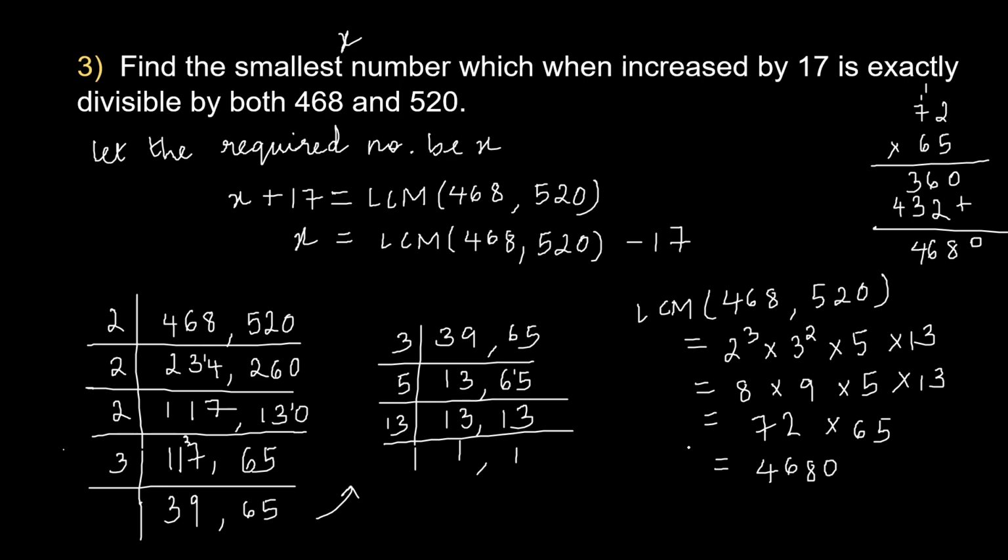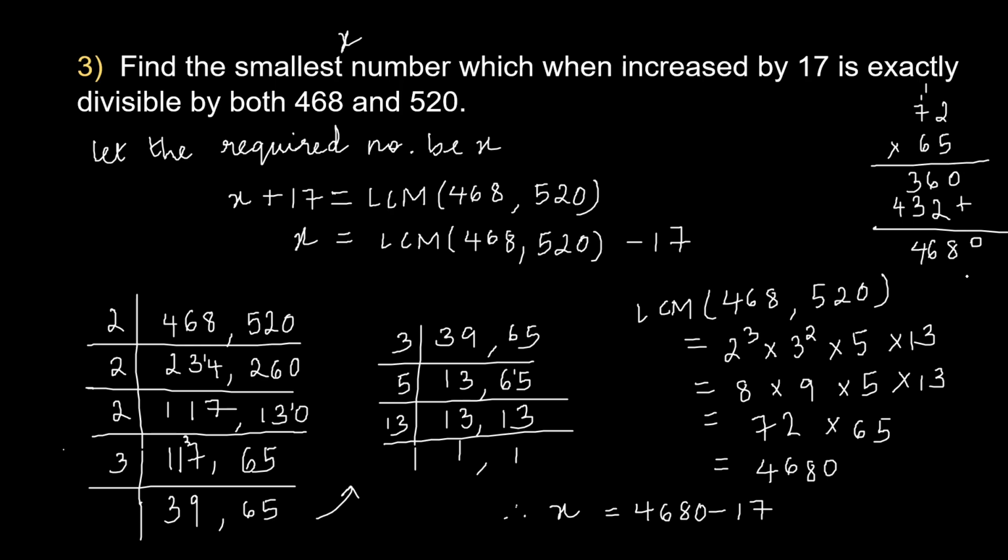So now we have only found the LCM of 468 and 520, that is 4680. Now we have to subtract 17 from this number. So therefore our x is 4680 minus 17.